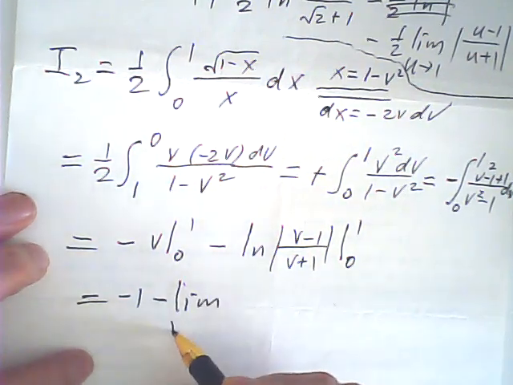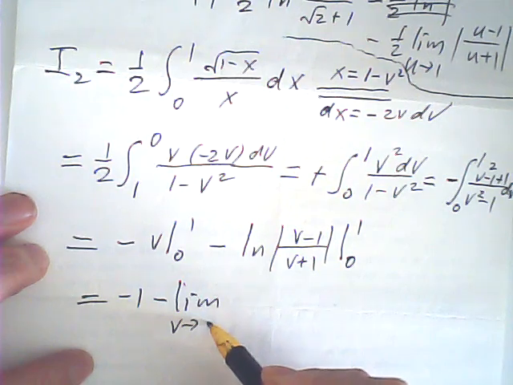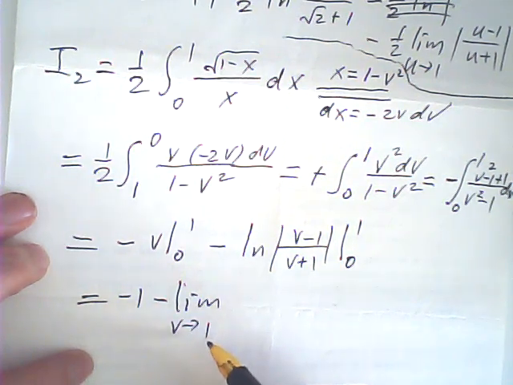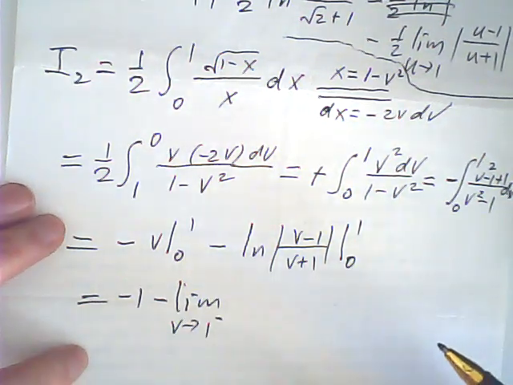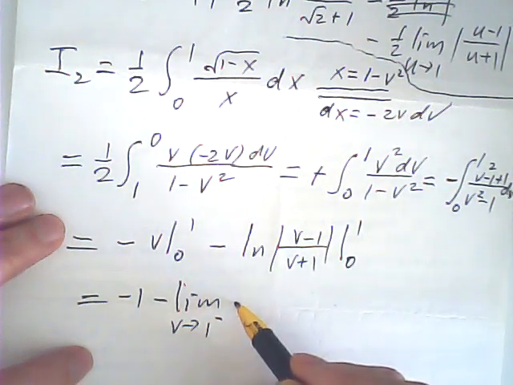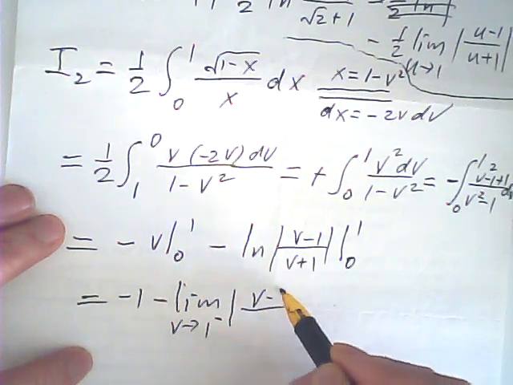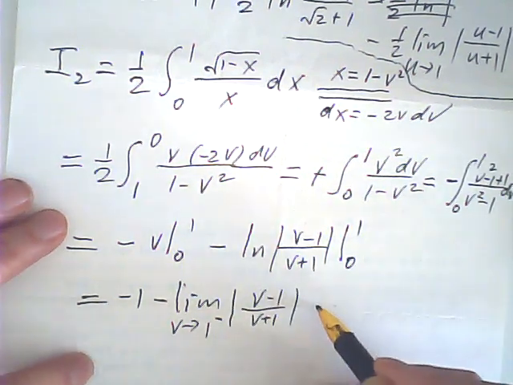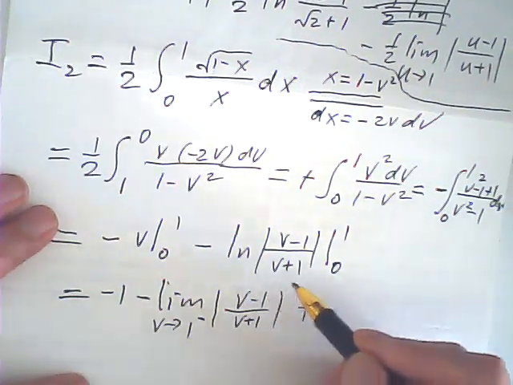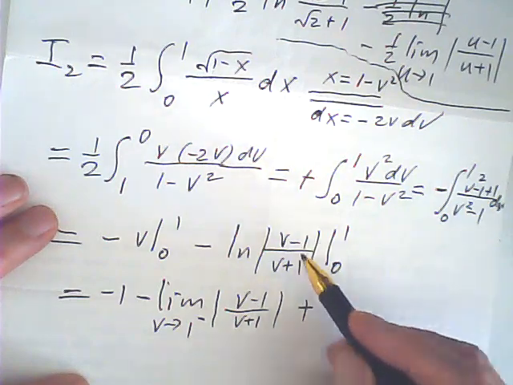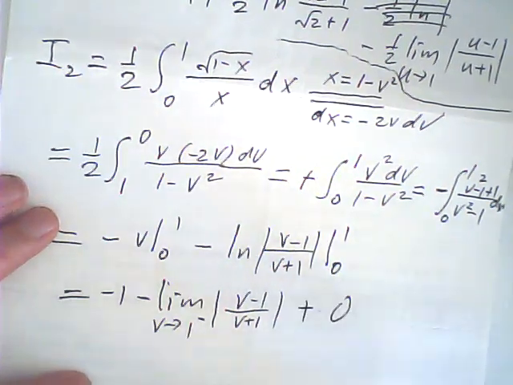The limit as v approaches 1 from the left of log of v minus 1 over v plus 1. Plus, the negative changes it to plus, this is log 1, right? Equal to 0.